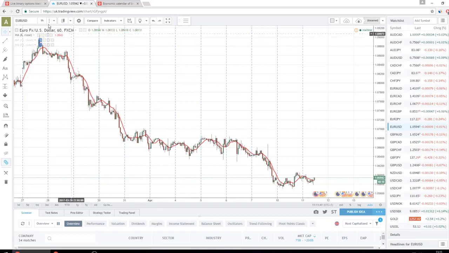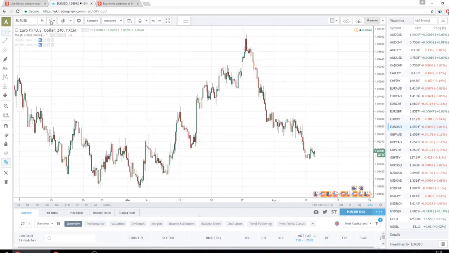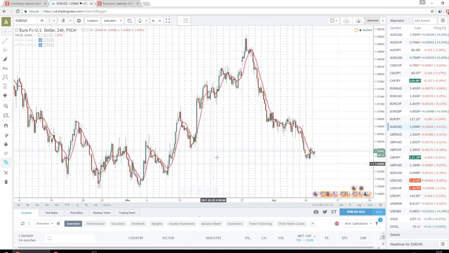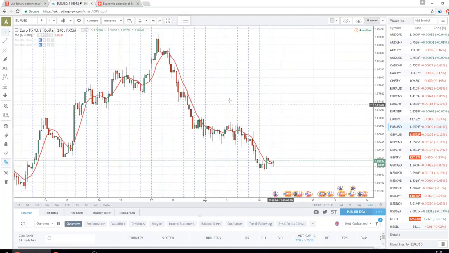So how can it help us in our analysis? How can we understand the trend based on the moving average? If you pay attention to this chart, you will understand how simple it is. When the candles are above the moving average, it means that the trend goes up.